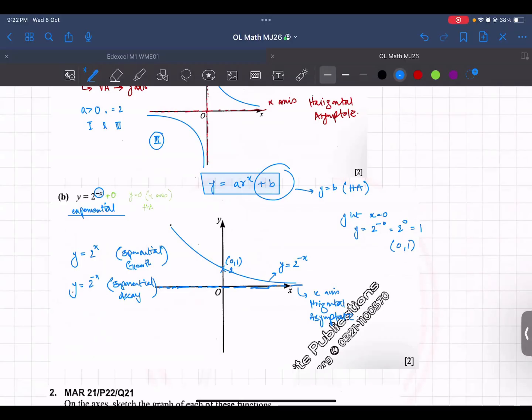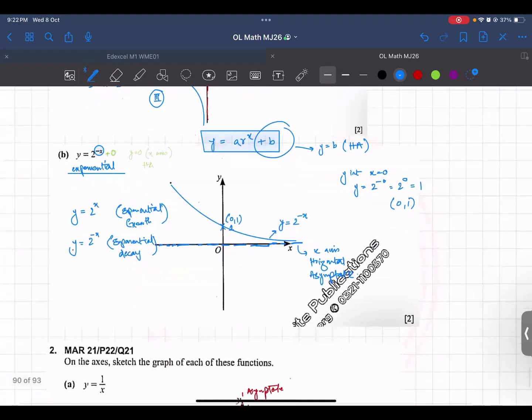The one above was 2 power negative x, so 2 power negative 0 is equal to negative 1? No. Negative 0. What is minus 1 multiplied by 0? It is 0. So what is 2 power 0?